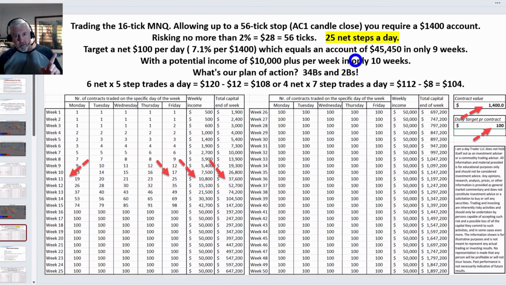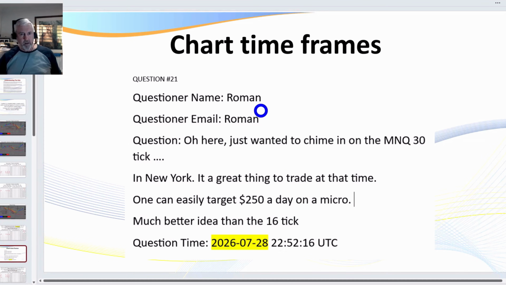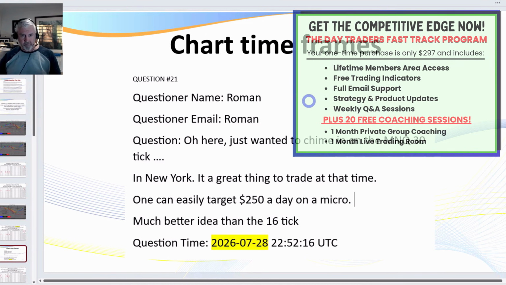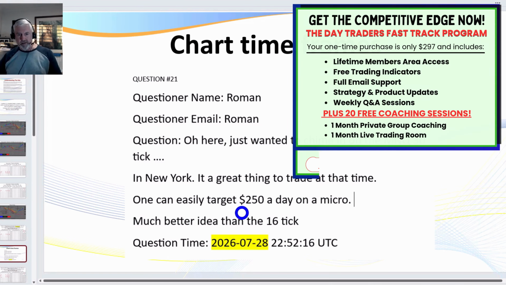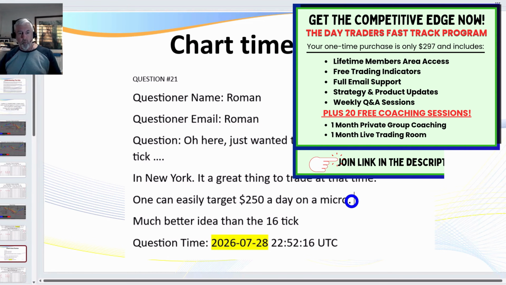Now the 16 tick also is going to be too fast for the New York hours, and in one of our coaching sessions a few days ago, Roman, who's been a member, I think he said of mine since 2016, we were talking about the different time frames, and he's trading the micro NQ 30 tick. It's a great thing that, and this is his comment out of a chat box, you can easily target 250 a day on one micro, much better idea than the 16.